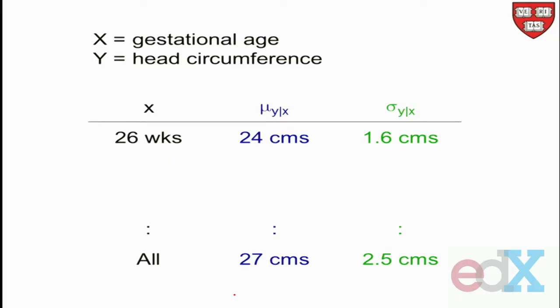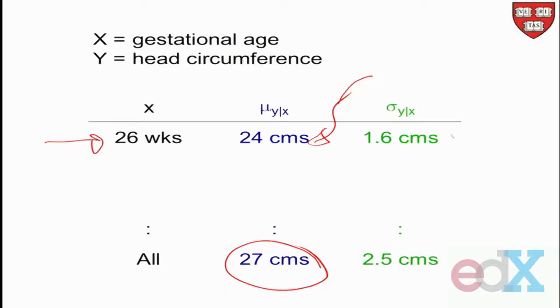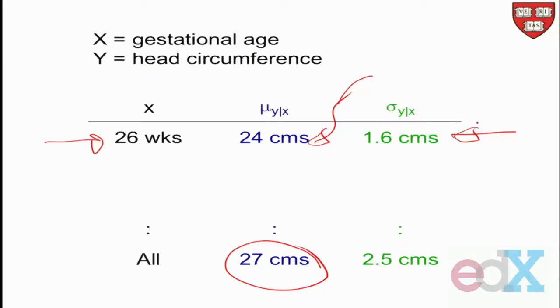So, for example, suppose that if we look at 26-week gestational age, the head circumference, instead of the overall 27, is 24. Now these babies are going to be a little bit more homogeneous, and that's reflected by the standard deviation of those babies being 1.6. So I've slipped in a little bit of new notation here.